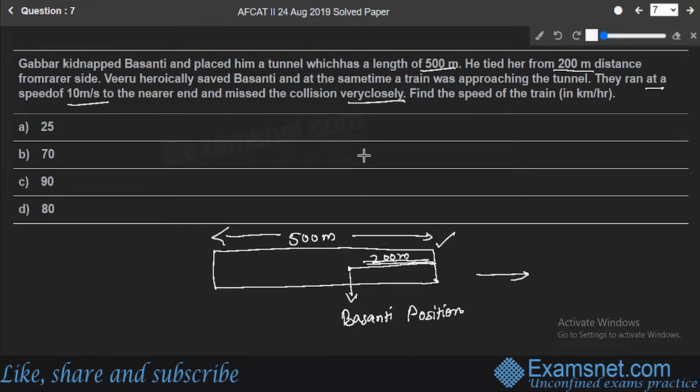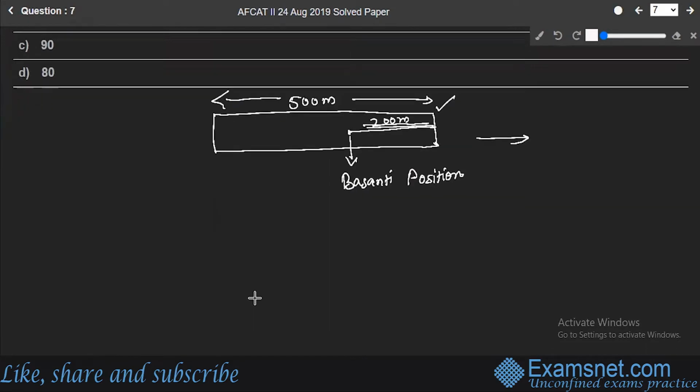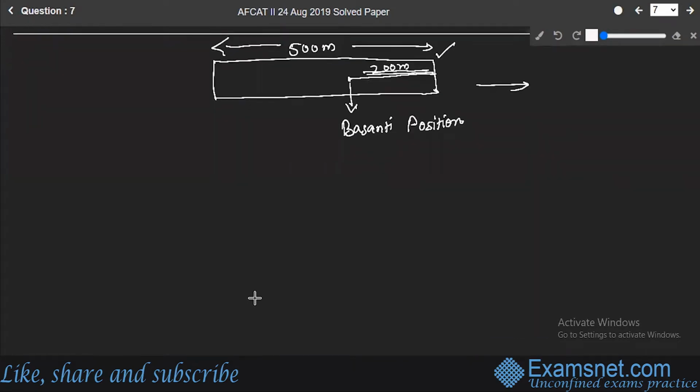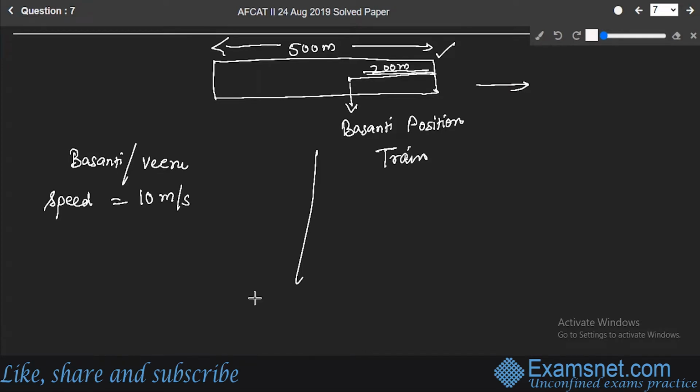So now there are two scenarios over here. First scenario deals with Basanti and Viru, and the second one is with the train. Okay. So see, in the case of Basanti and Viru, their speed was given to us as 10 meter per second.